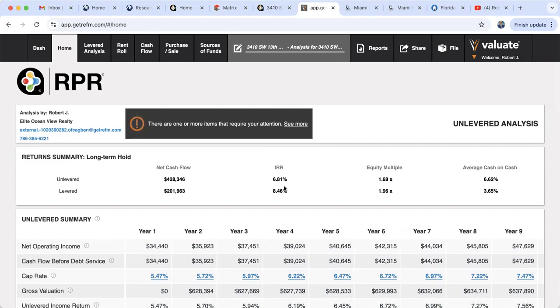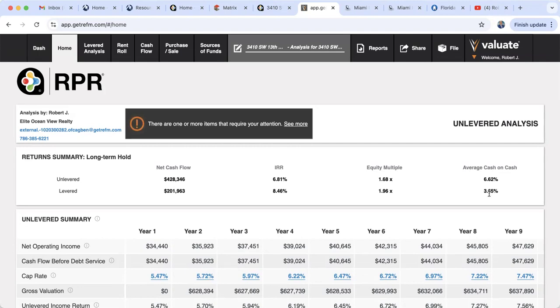So if you're financing, you're at an 8.4% rate of return versus a 6.8% if you pay cash. Either way, guys, this property at 630,000 with an income of 48,000 is pretty good.